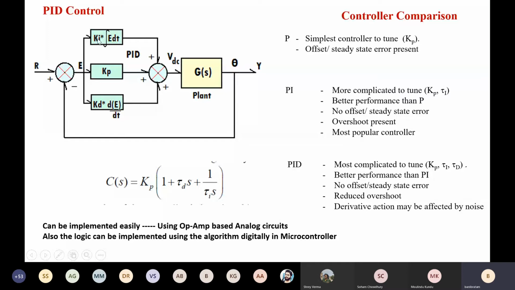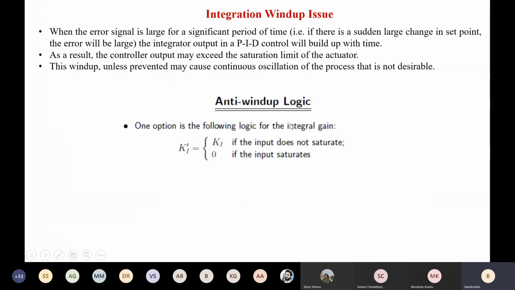So I will check the controller output or the actuator input, and if it saturates, then I will stop this integration action. And if it does not saturate, then I will not do anything, I will use it as it is. So this is the logic.